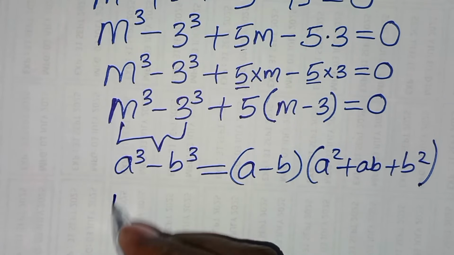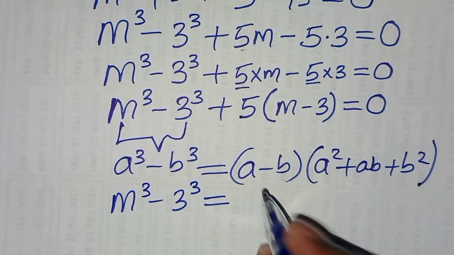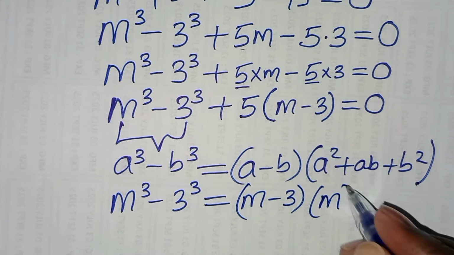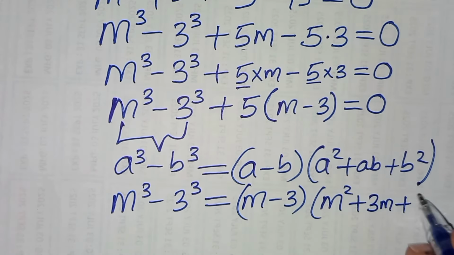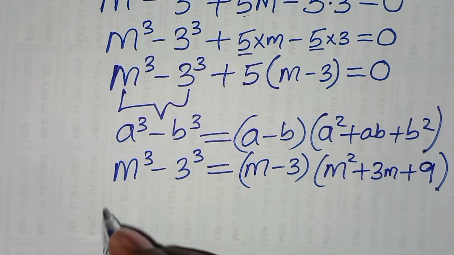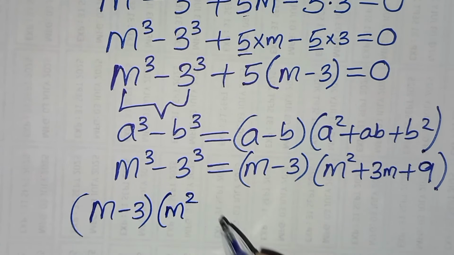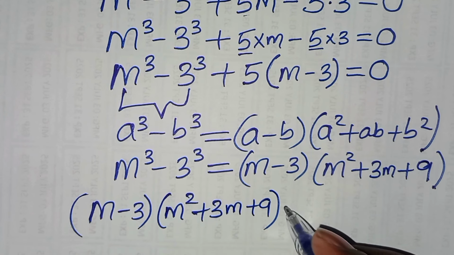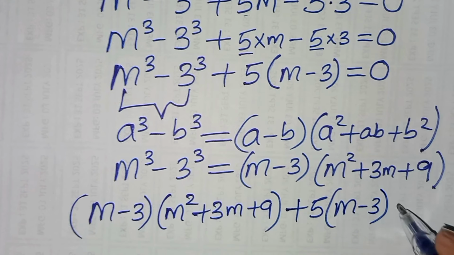And therefore, m to the power 3 subtract 3 to the power 3 can be expressed as m minus 3, m squared plus 3m plus 3 squared, which is equal to 9. Substituting this, we'll have m subtract 3, m squared plus 3m plus 9, plus 5 into the bracket m minus 3. This is equal to 0.